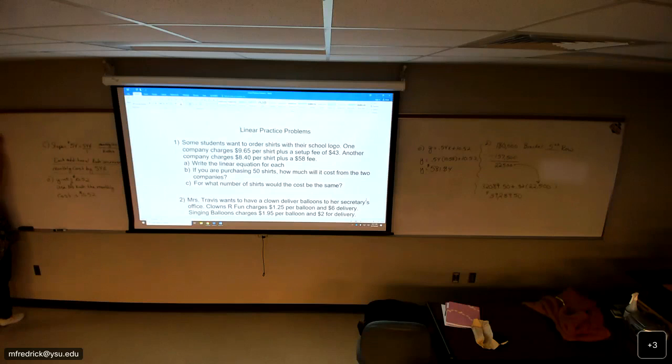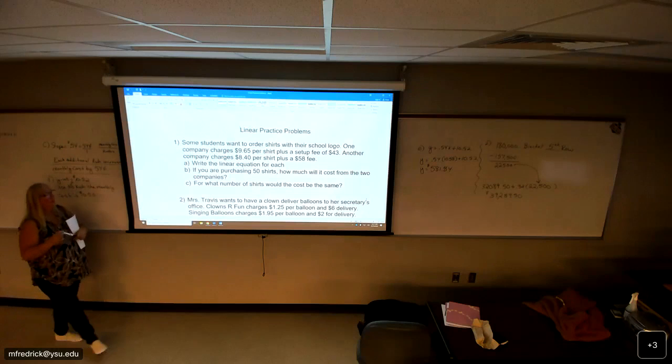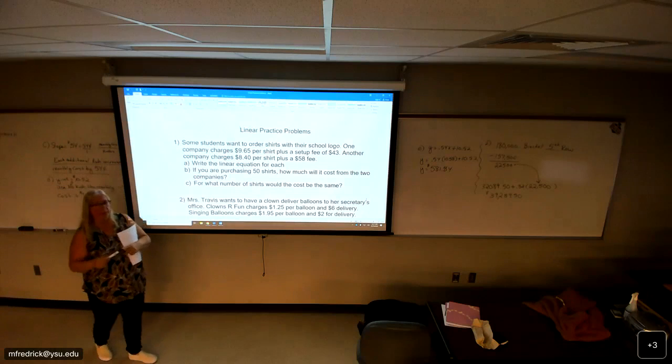Linear means y equals mx plus b. So one of those values for each will be the slope and the y-intercept. Remember that the slope has the rate of change.